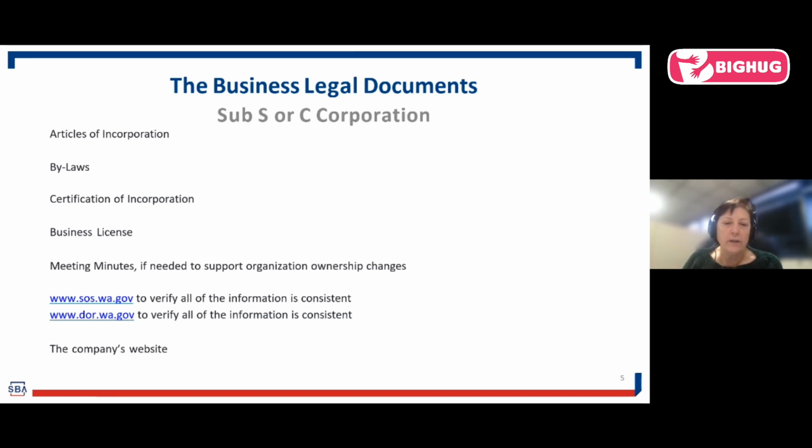So I've given you the links here to the Secretary of State and the Department of Revenue, so you can check and make sure that information like the legal entity name, the trade names, the owners of the business are all consistent. And other things that report here on these two websites are the business's location address, the physical address, and then the mailing address. So you want to make sure all of that information is consistent.